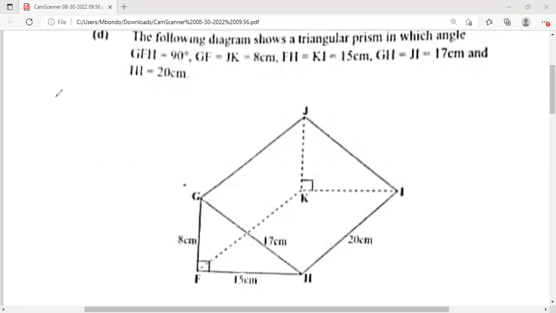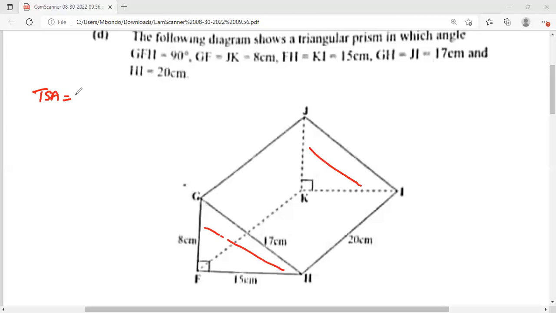Right. So total surface area is equal to, we need to find the area of each one of these sides here. Now, if we look at the triangles, I'm sure you can see that we have got two triangles here. We have a triangle, which is this side, and then we have another triangle here.